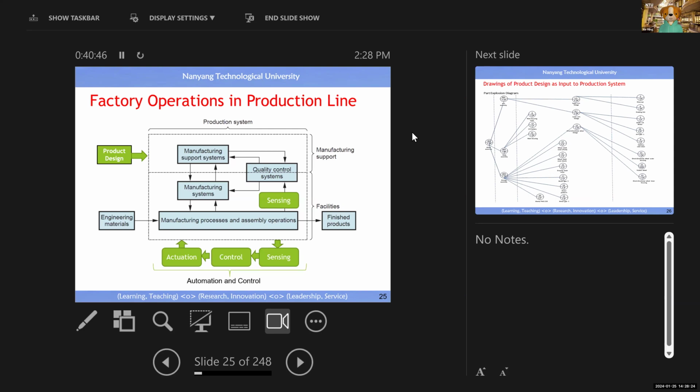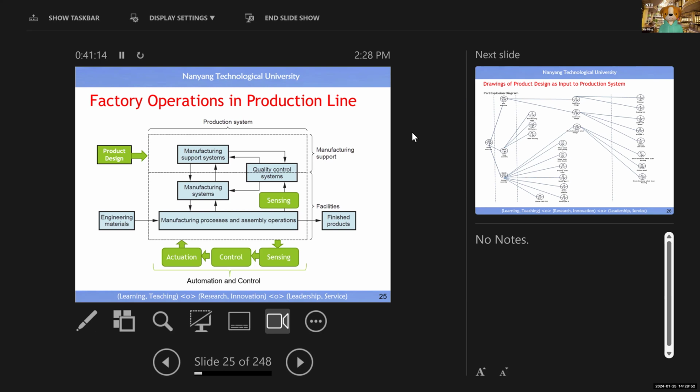Okay, so if I zoom into more detail, then immediately you know, this is the production system. Input to the production system, assume that we are going to produce all the key components in-house, right? So then you have a product drawing. Product drawing means part drawing, all the part drawings, right? Then we have material, right?